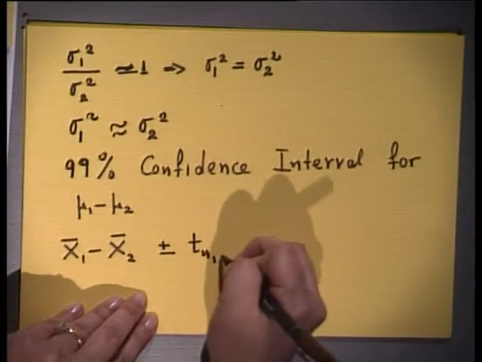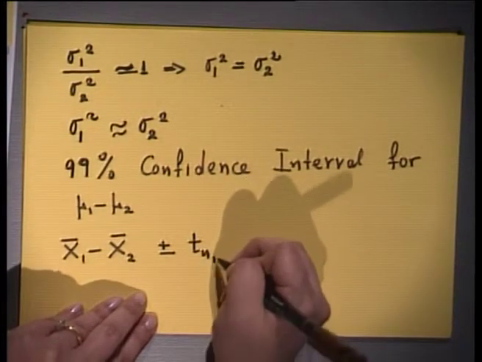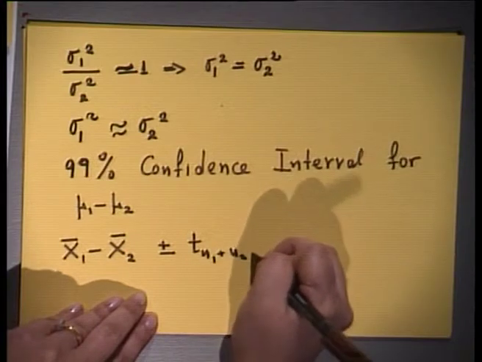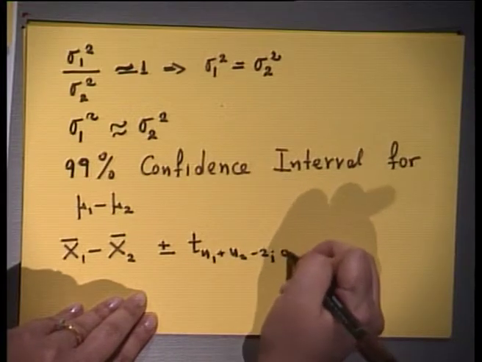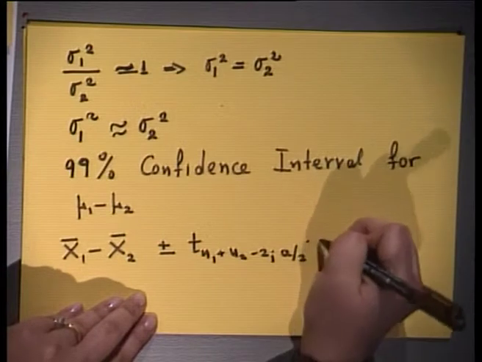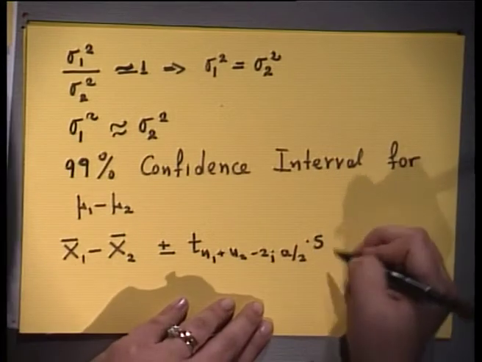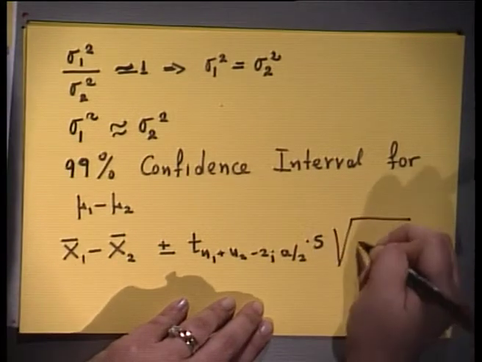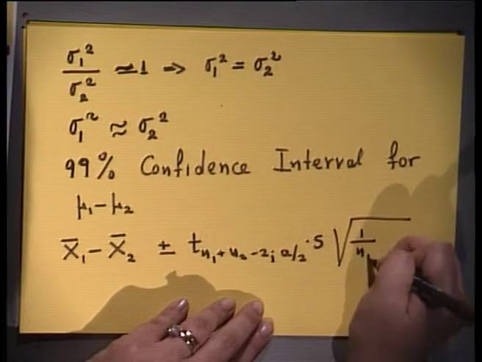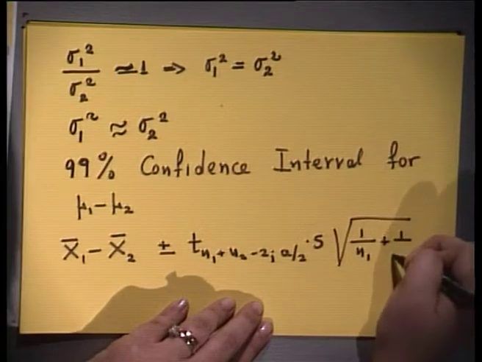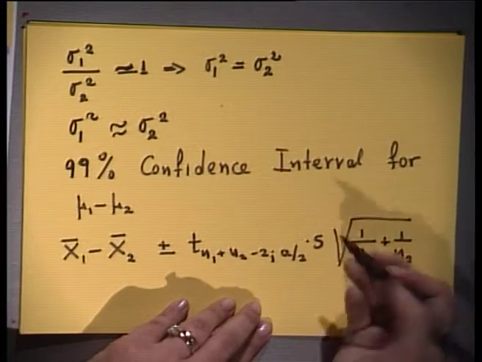So we have t distribution n1 plus n2 minus 2, alpha over 2, s, and the square root of 1 over n1 plus 1 over n2.